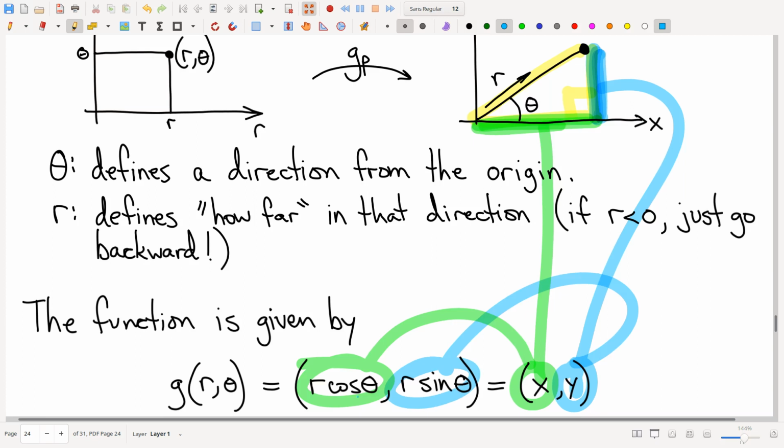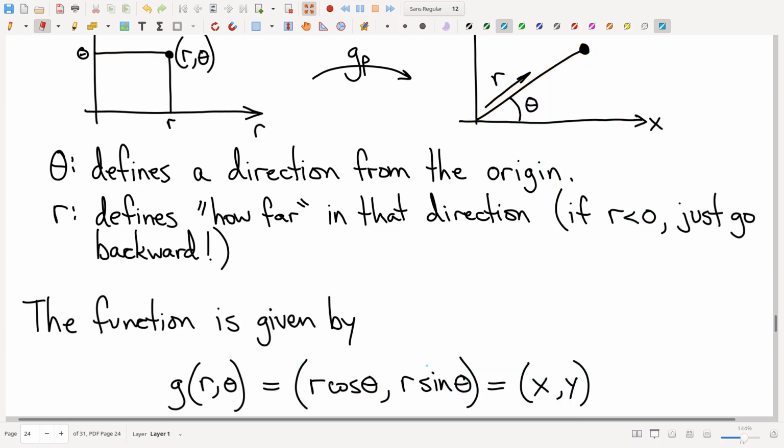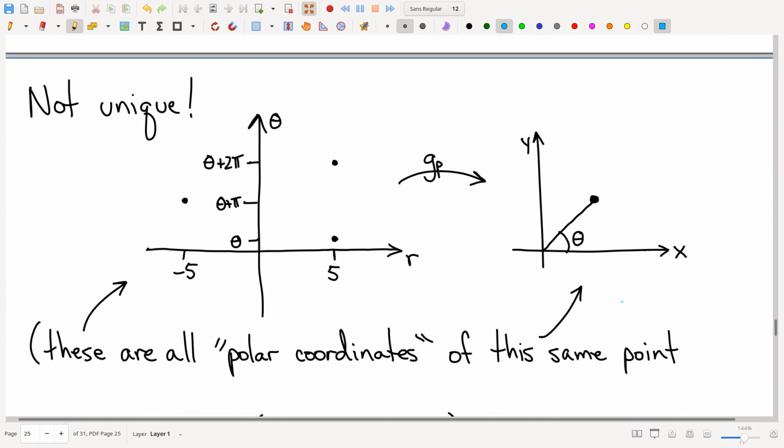All right. So a couple of things we have to deal with. They're not unique. Now, it's tempting to say that, okay, well, here's a point in the xy plane, and I can talk about the angle. Well, here's the angle, right? It's that angle right there, and there's some value of theta. I don't know.